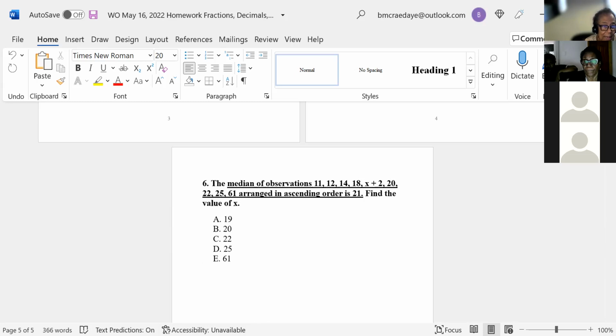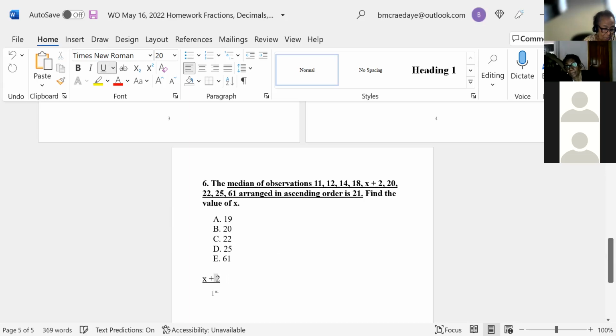And it's divided by 2, you get an average. So you'd have x plus 2 divided by 2, because you get an average. This would be a small x.